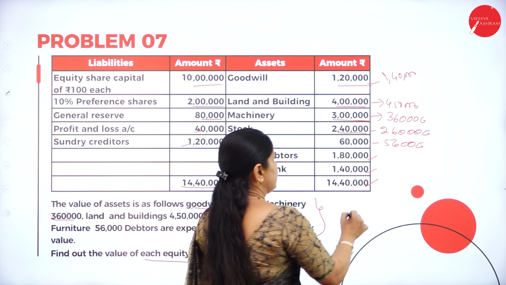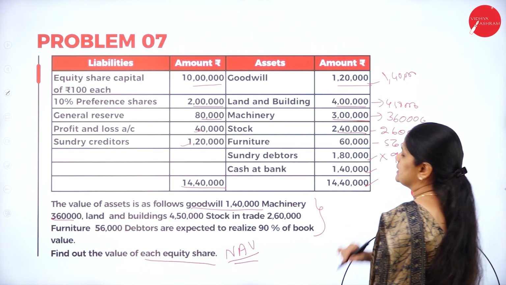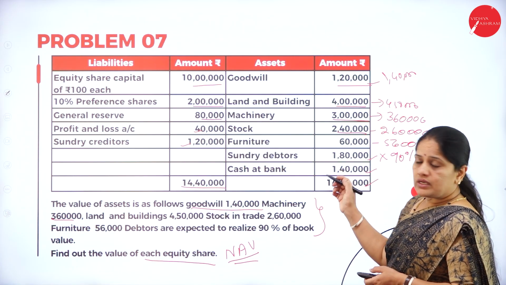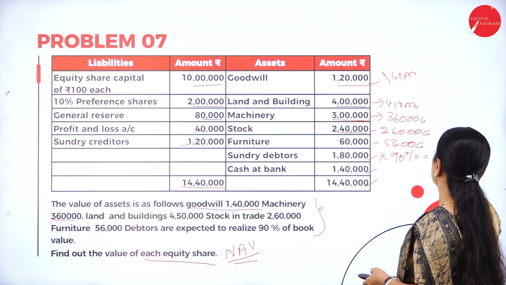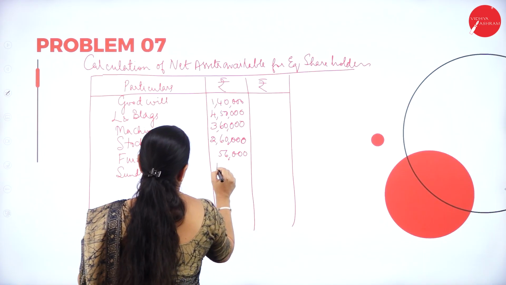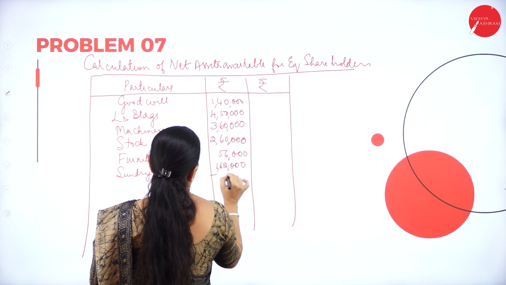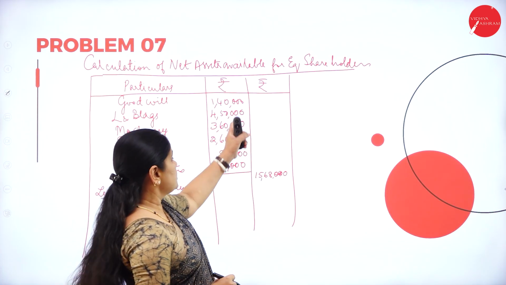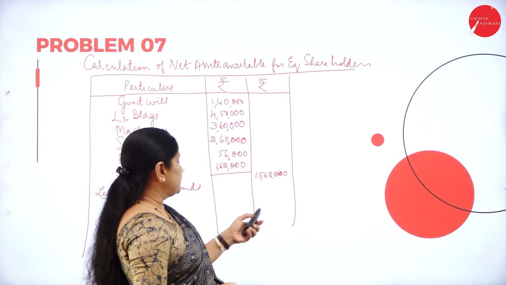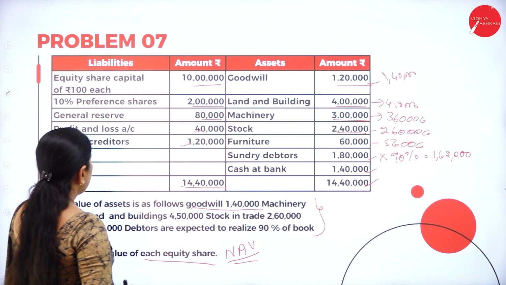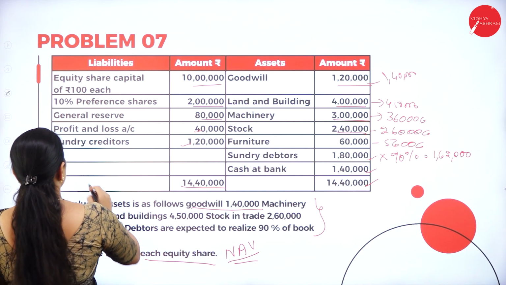So, 1,80,000 into 90% of this. So, 90% of 1,80,000 equals 1,62,000. Now, when we add all the total of all the assets, I am getting 15,68,000. Now, I have to deduct the liabilities here. Now, what are the liabilities here?